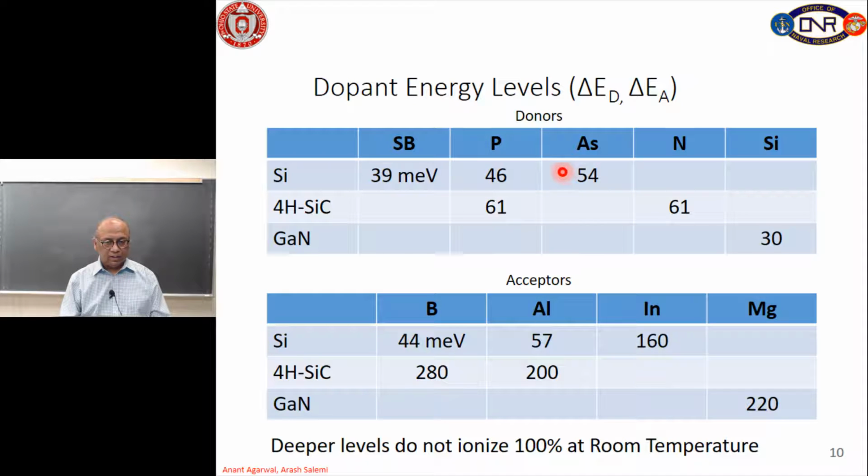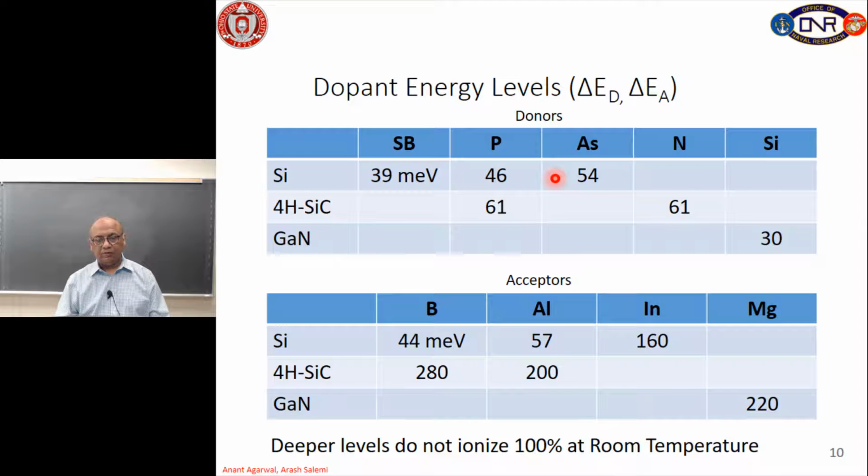So, let us talk about N-type semiconductor doping, that is donors. For silicon we usually use antimony, phosphorus and arsenic, and the energy levels for these dopants are shown here.